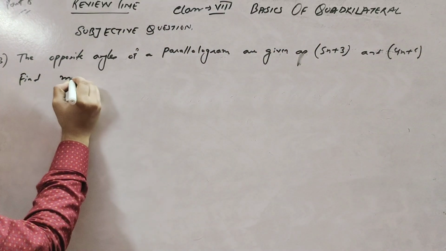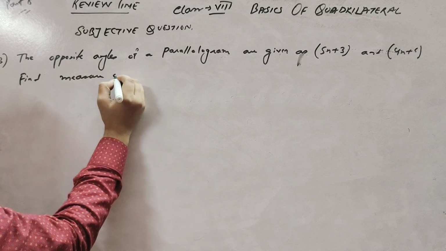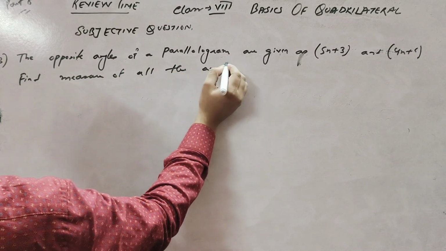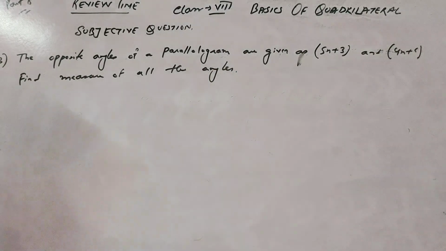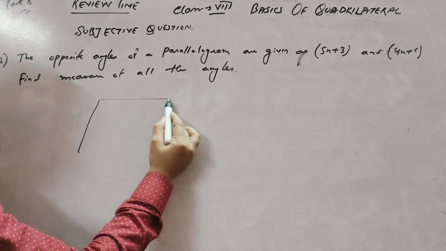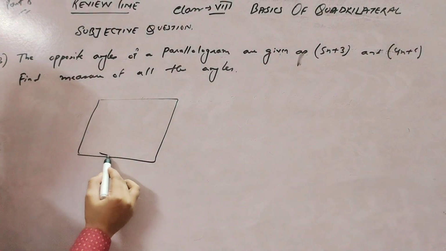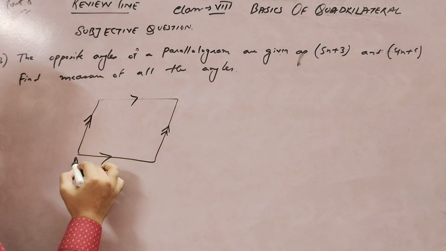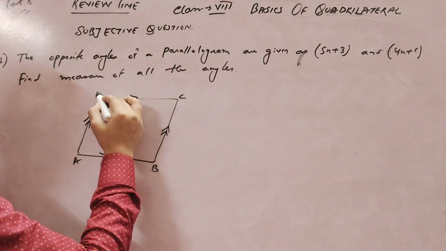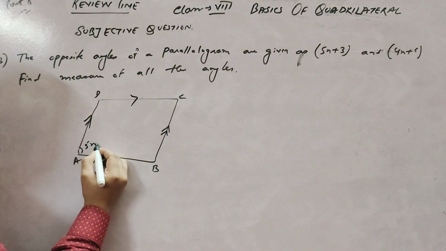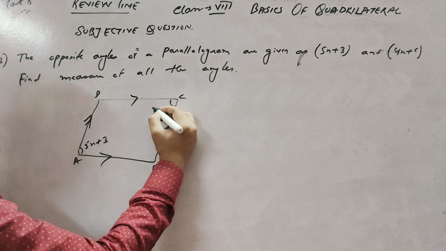Find the measure of all the angles. Okay, the opposite angles are given. This is your parallelogram, and the opposite angles are given.